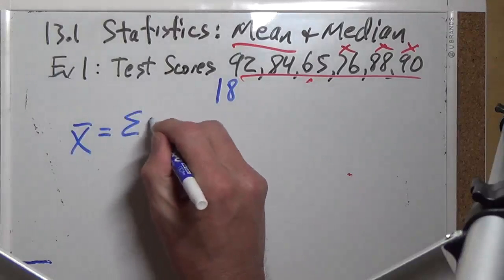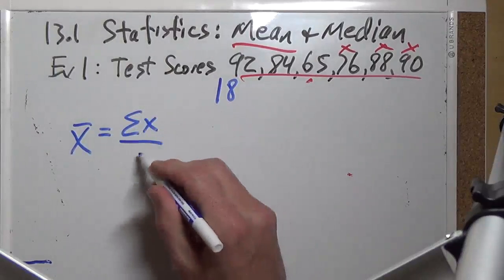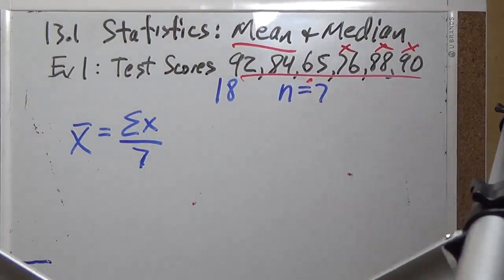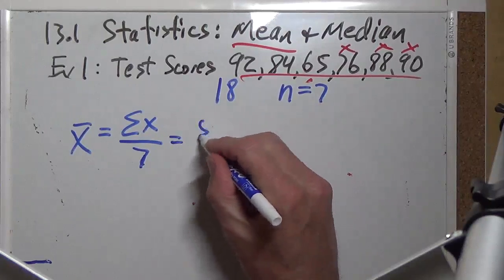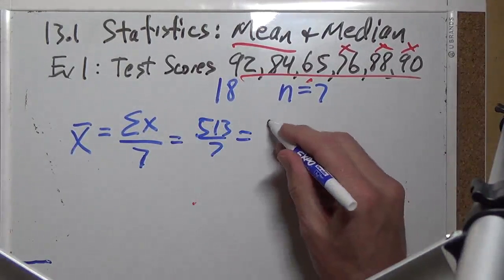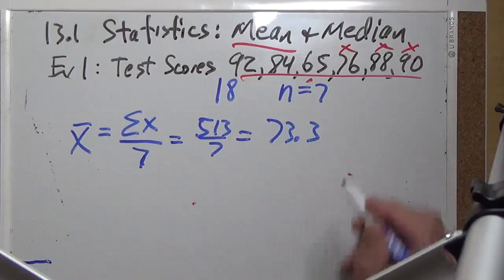So again, I'm going to add up all the scores. Now I'm going to divide by 7, because once we added the 18, our sample size went up by 1. This now gives me 513 divided by 7. My new mean is 73.3.